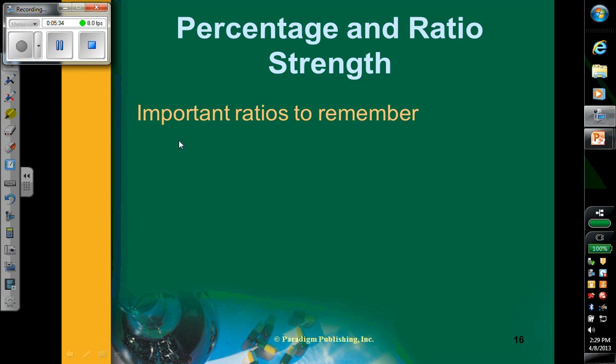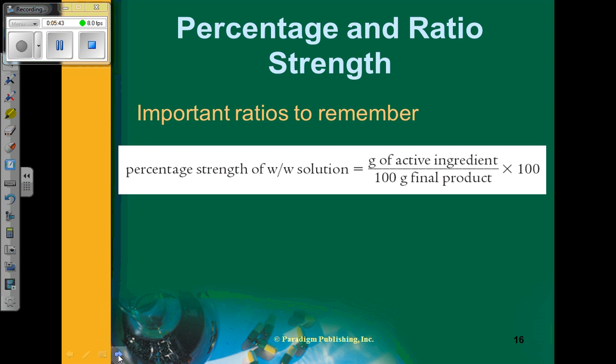But there are some important ratios to remember when setting up problems involving solutions. The percentage of a weight in weight solution equals grams of an active ingredient over 100 grams of your final product, times 100.